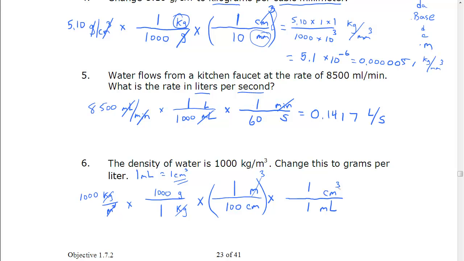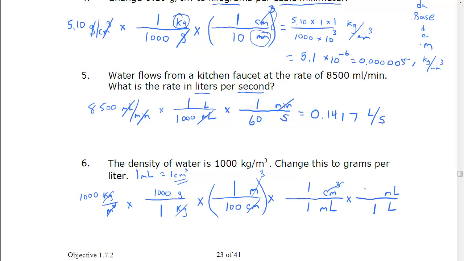That's the only different conversion. It's the only time you'll see a cubic with something different on the bottom, not cubed. So we have 1 cubic centimeter is 1 milliliter, so these cancel, leaving milliliters on bottom, but we don't want milliliters, we want liters. So milliliters are going to cancel and leave liters.